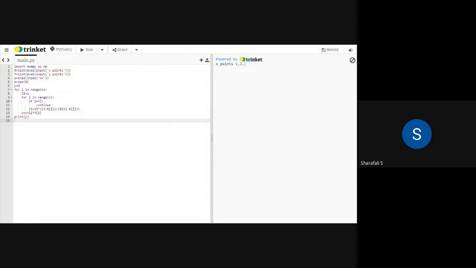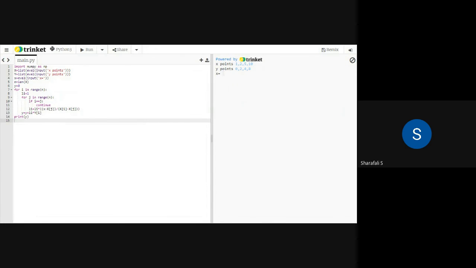Let's consider some 5, then 10. And then we have y values, which are, let's consider 0, 2, 3, some 4, some 8. I'm just giving some values. Okay, these are not the actual values. You can use any data set which is available.